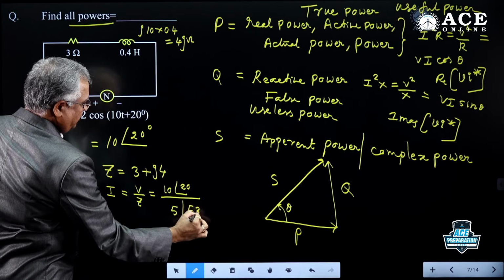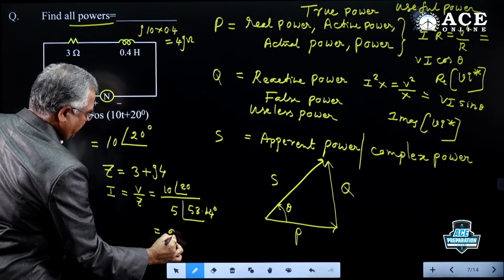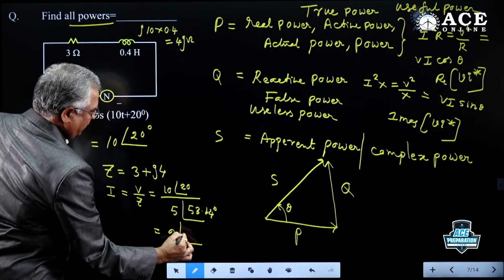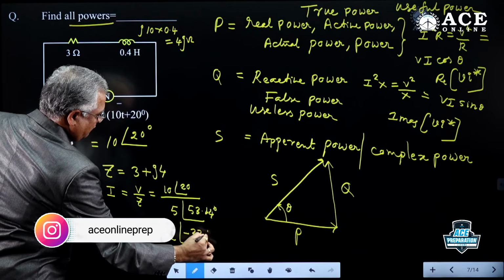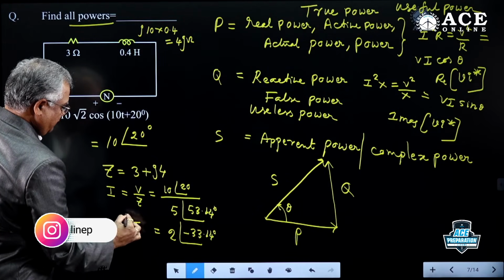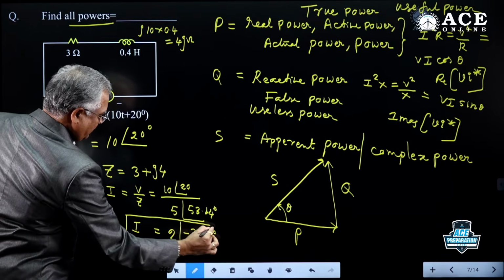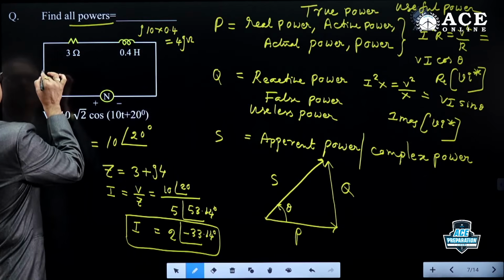We will get 53.14 degrees. So simplify to angle of minus 33.14 degrees. So this is current I.